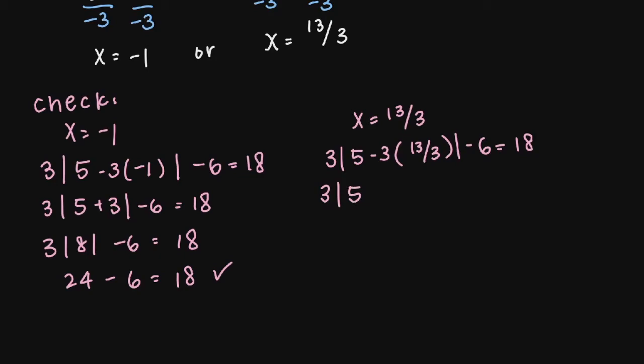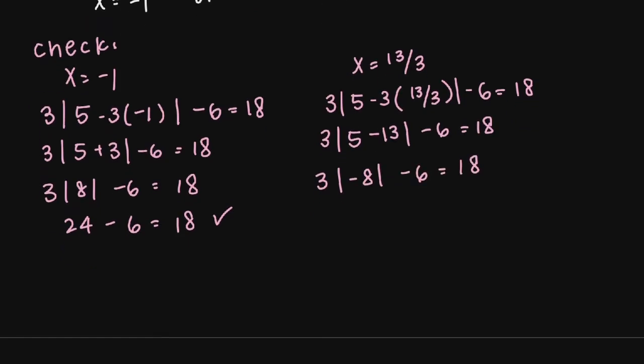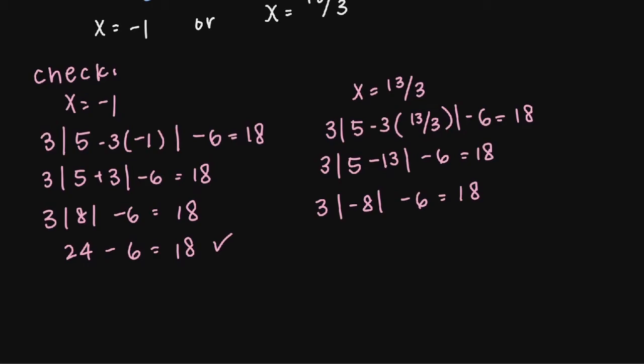And negative 3 times 13 over 3 is negative 13 because the 3's will cancel out. 5 minus 13 is negative 8. And the absolute value of negative 8 is positive 8, and positive 8 times 3 is 24. So we get 24 minus 6 equals 18, which is true. So that means this is the answer.